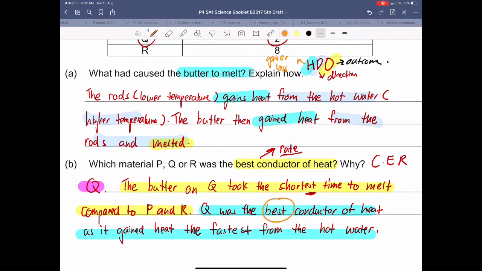They could be all plastics, but different types of plastics. So plastic on its own is actually a poor conductor of heat, supposedly. Okay, but in this experiment you don't know. So instead of saying good or bad, you have to use the word best conductor in comparison to the rest. Alright, so you really need to be very careful when it comes to experimental questions like these. Okay?